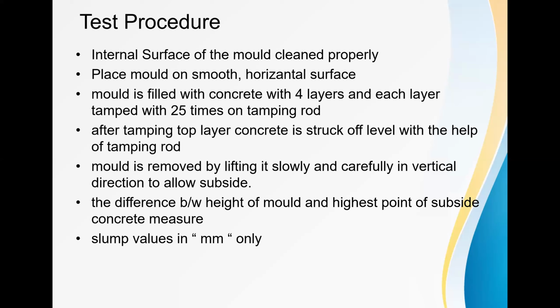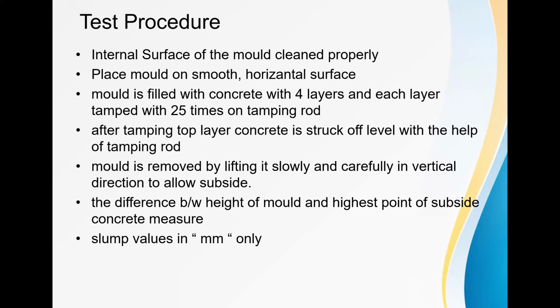After leveling the surface, the mold is removed by lifting it slowly and carefully in a vertical direction to allow the concrete to subside. The difference between the height of the mold and the highest point of the subsided concrete is measured as the workability measure.